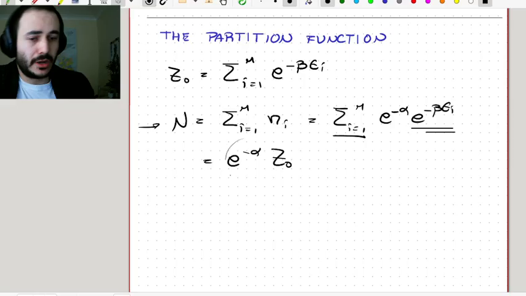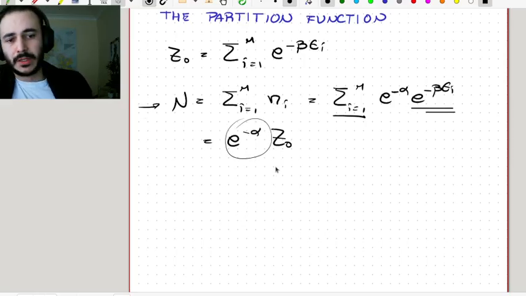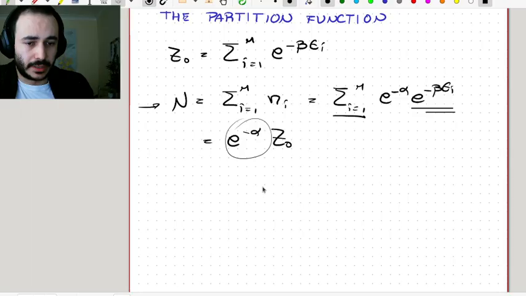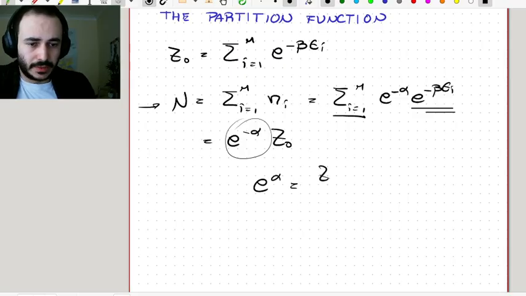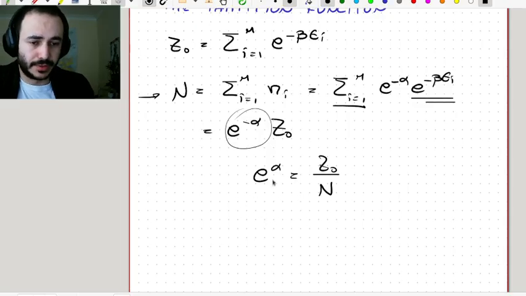Now is when we interpret this alpha term. It's related to the partition function per particle, so e to the alpha equals Z divided by N, and you could take logarithms and say that alpha equals the logarithm of this thing.